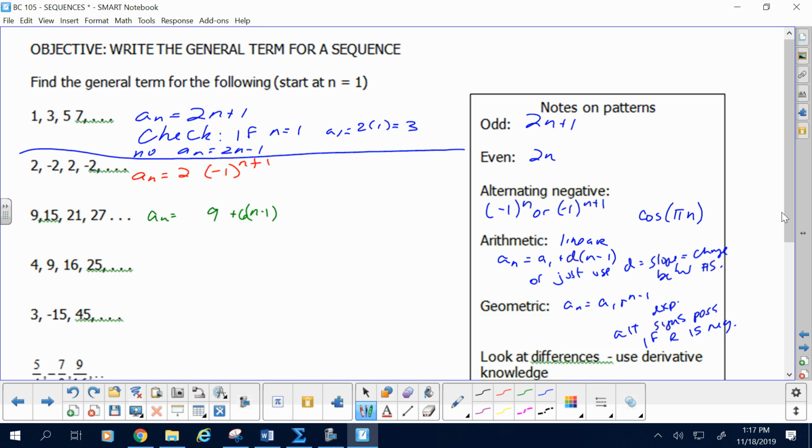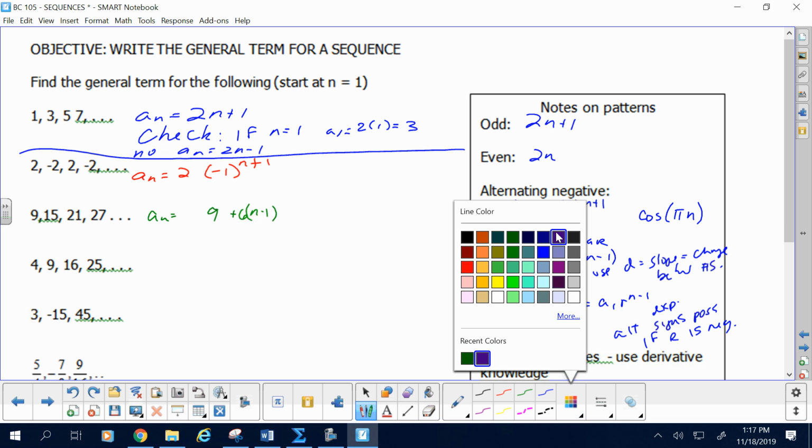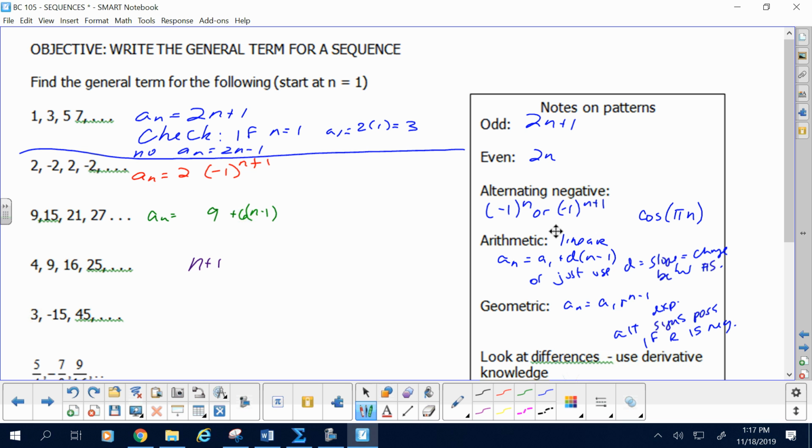The next one, what do you think? N plus 1 squared. It is perfect squares, but not starting at 1. So n plus 1 squared, does that check? When n equals 1 goes in, do you get the first term? Yes, it checks. What about the next one? What's the pattern?